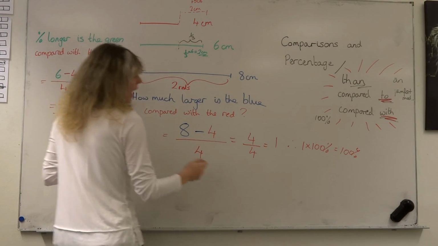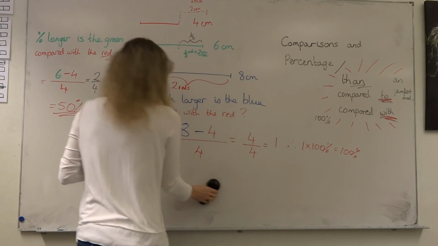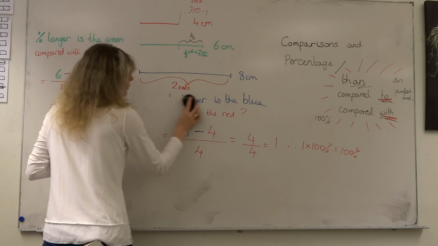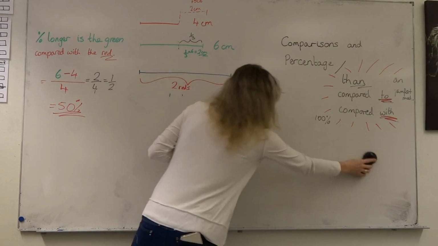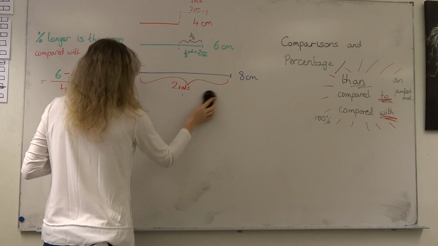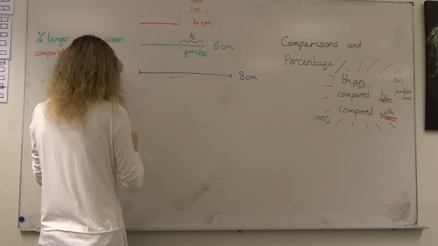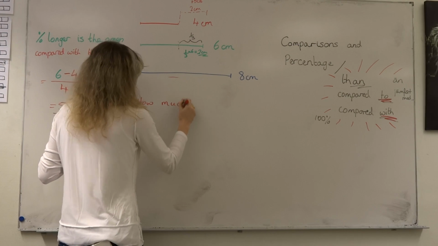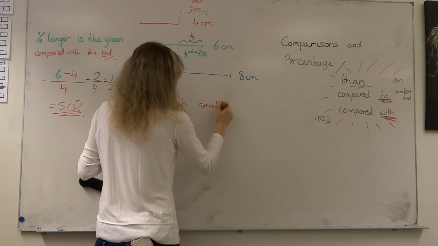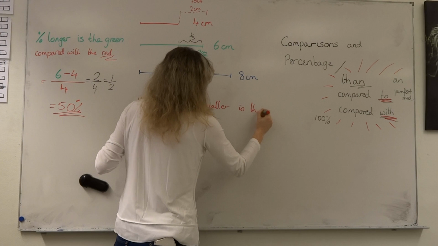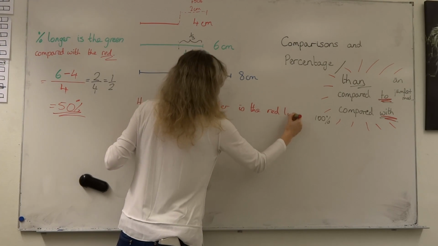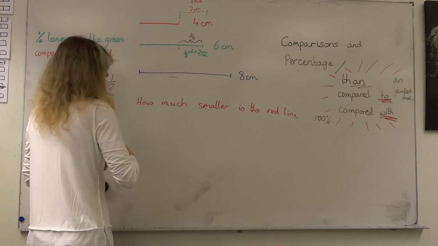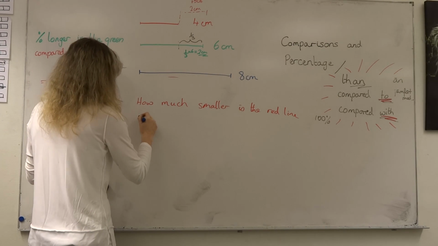What if we did it the other way around then? What if we said, how much smaller is the red line compared with the blue?